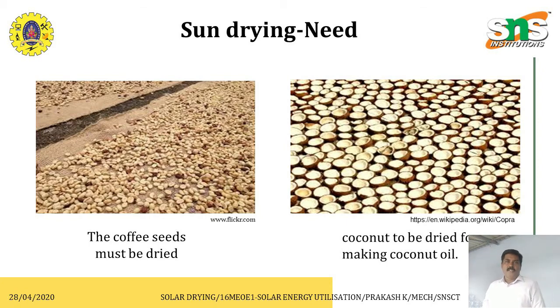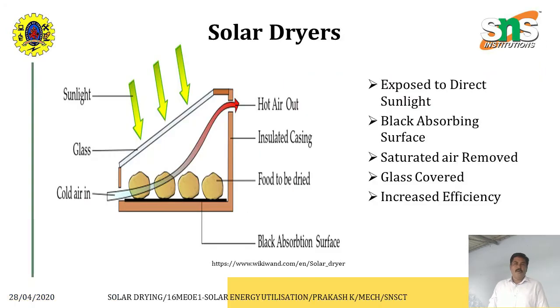In this picture, you can see coffee seeds and coconut, which have to be dried in the open space. In sun drying, the existing problem is that it takes much time to dry these particles. This is another empathy part, or problem faced by the farmers.